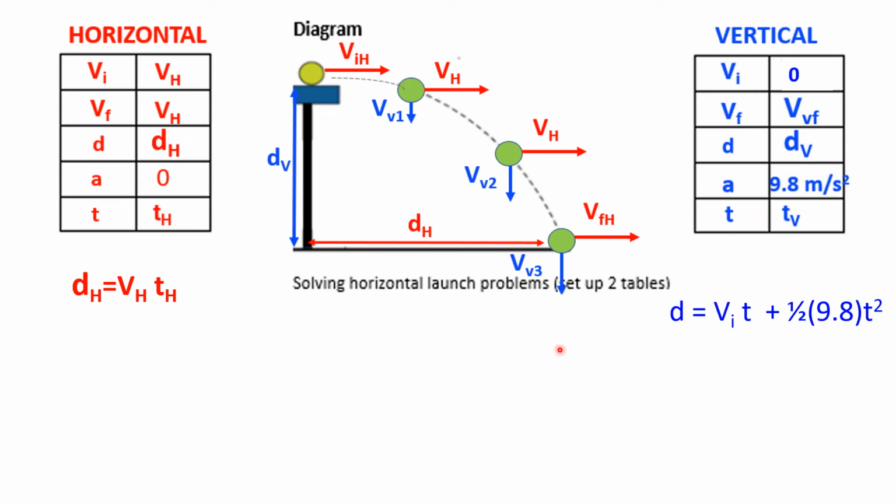When using the second equation, I can eliminate VIT because VI is 0, and for this term here, I can divide the 9.8 by 2, and it's 4.9. So now I just need to customize the variables for the vertical direction.